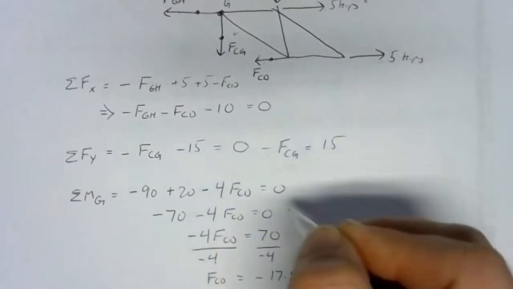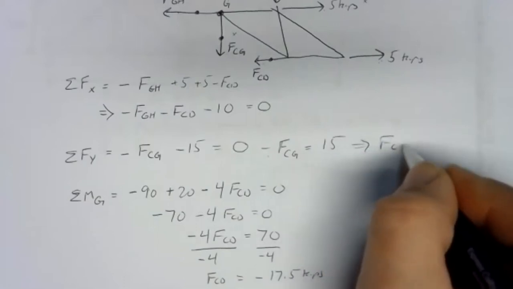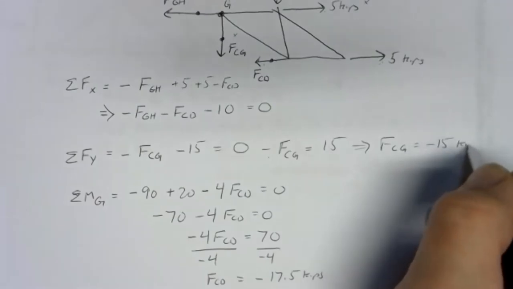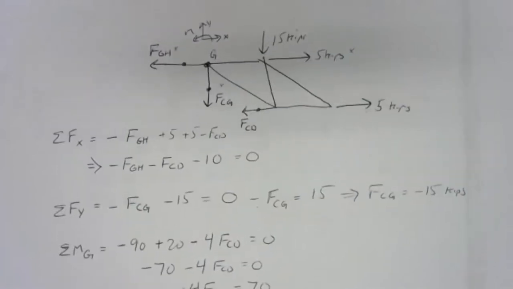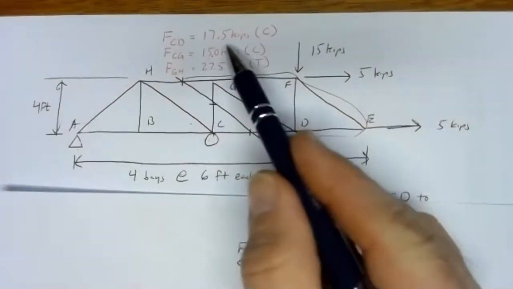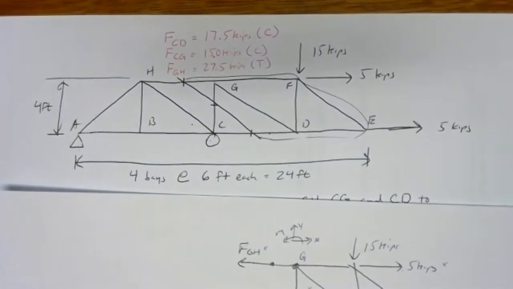If negative FCG is a positive 15, then FCG must be a negative 15 kips. Member CG, which we had also assumed was in tension, gave a negative answer, so member CG must also be in compression. Going back to the page here, we've got member CG carrying 15 kips in compression.